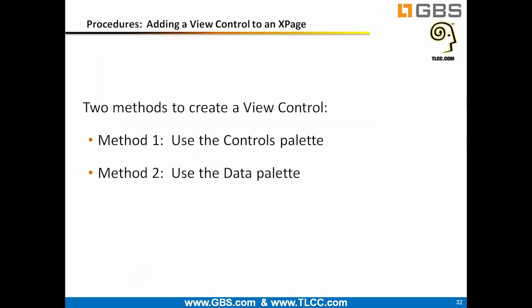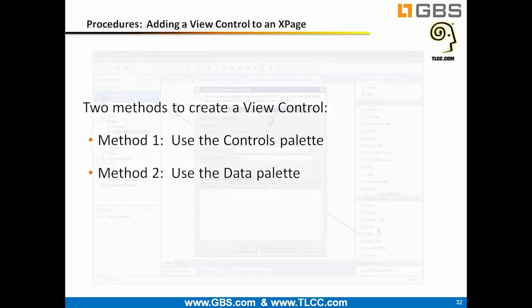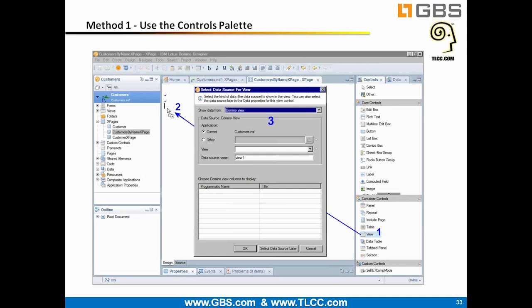Now, we're going to start out with creating an XPage to display a Domino view. There are two methods. One is you can simply add a view control from the controls palette. The other approach is you can create a Domino view data source on your XPage and then drag over the columns that you want to display from the data palette. This image is showing us how to do it from your controls palette.